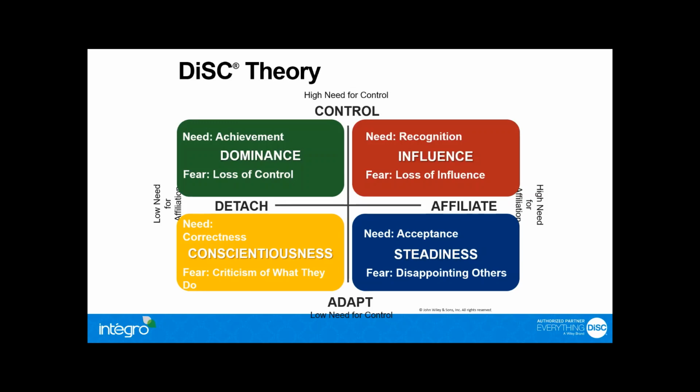So as you can see, these automatic thoughts that come up are going to be triggered by your needs and fears, and that's going to be different for each of the DISC styles. That's as much as I wanted to say about the DISC theory model at this point in time, and you can obviously get more information on that from us if you would like.